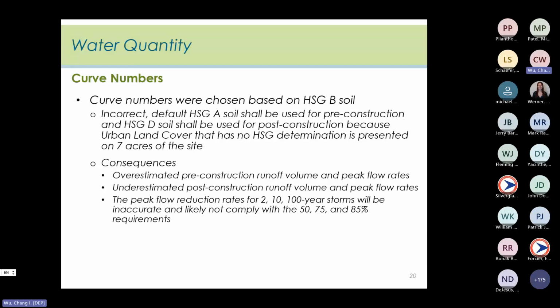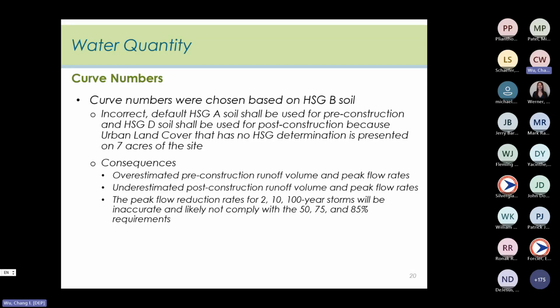They don't have to use those factors to adjust the current rainfall and project the future rainfall in the calculation. The second thing for water quantity is the selection of curve numbers. In this case, the design used hydrologic soil group B in the routing calculation, which is wrong because, as we mentioned earlier, there are 7.1 acres of land that have no HSG designation, and the default HSG should be used for the pre-construction condition and the default D soil should be used in the post-construction condition.